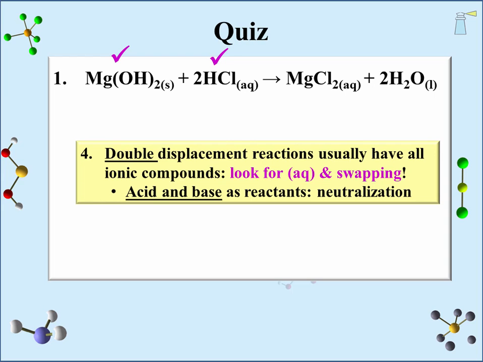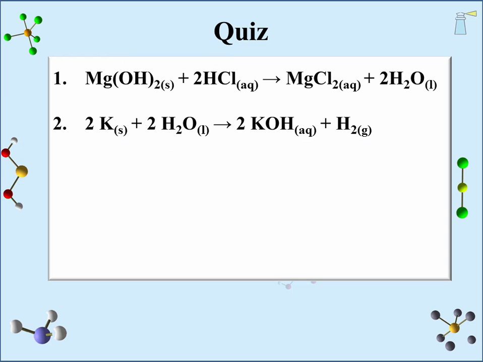This is probably as involved of a reaction that the student will come across. The next reaction has solid potassium being added to liquid water to produce a soluble salt, potassium hydroxide, and the gas, hydrogen. Again, the absence of a single reactant or product eliminates synthesis and decomposition reactions.